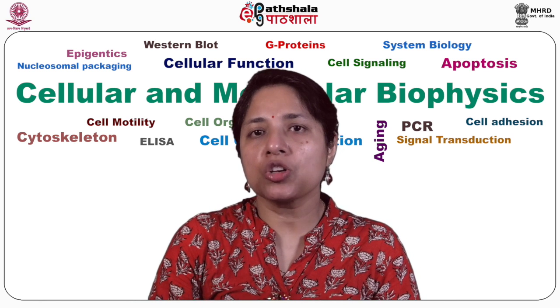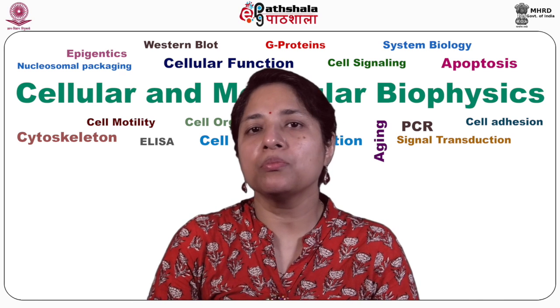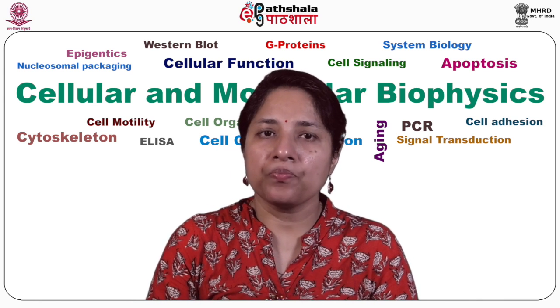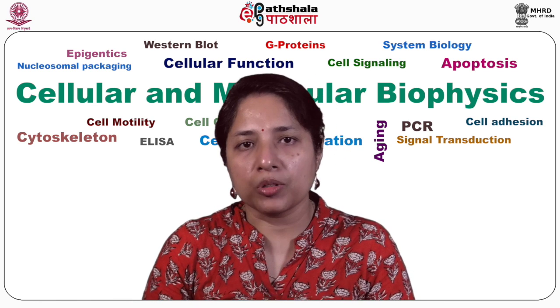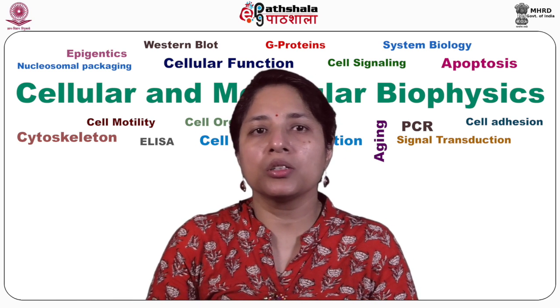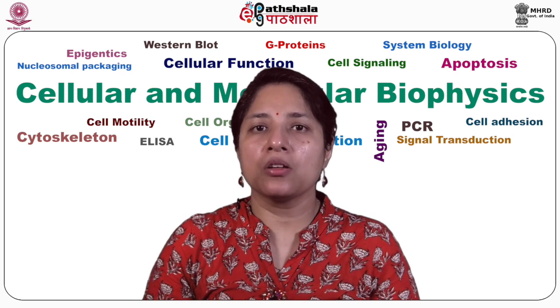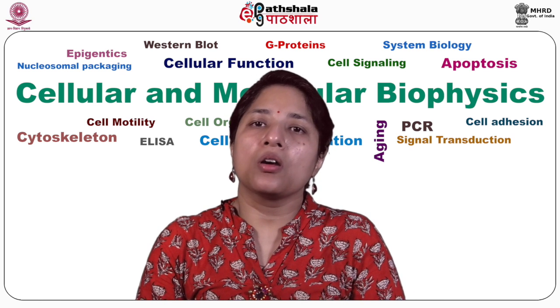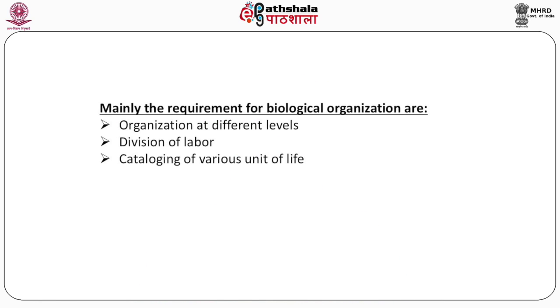As said, each component holds its own importance in its own place, and it is equally dependent on the other components, which again are important to the entire biological organization. Mainly, the requirement for biological organization is organization at different levels. So, it is like cataloging, then division of labor, cataloging of various units of life.